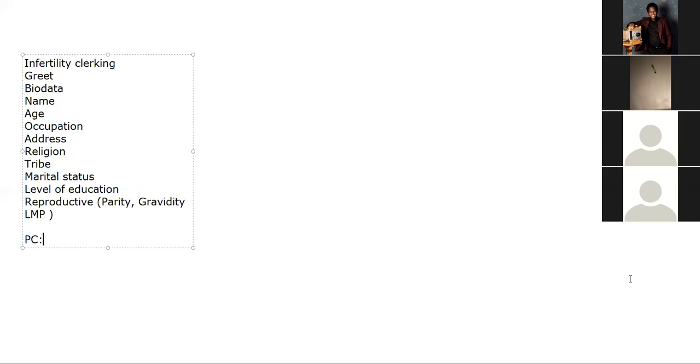It is failure of a couple of reproductive age to conceive for a duration of 1 year with frequent penile-vaginal sexual intercourse.